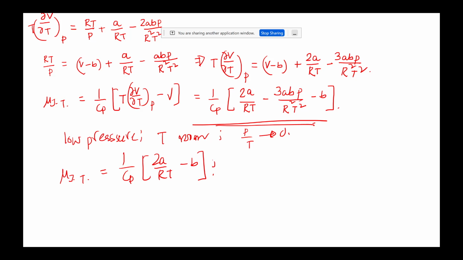So there can be three things. First, mu JT can be less than 0.